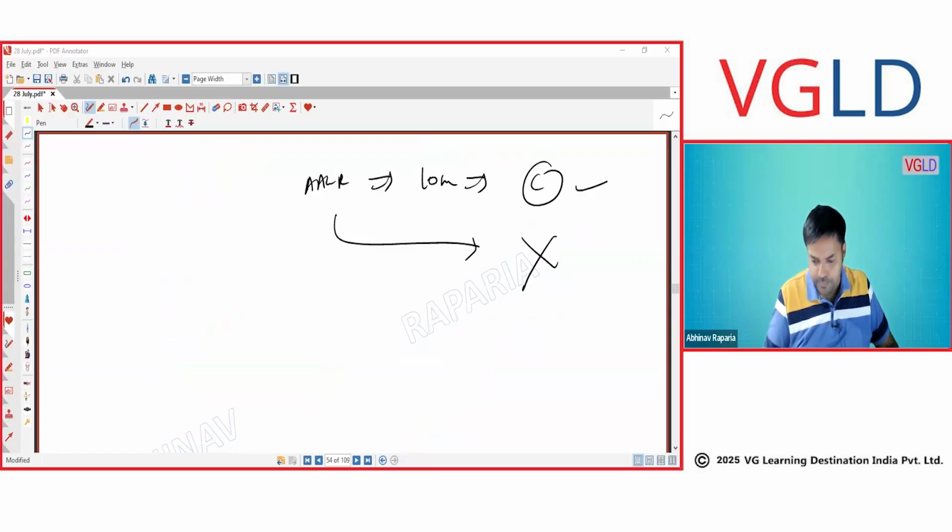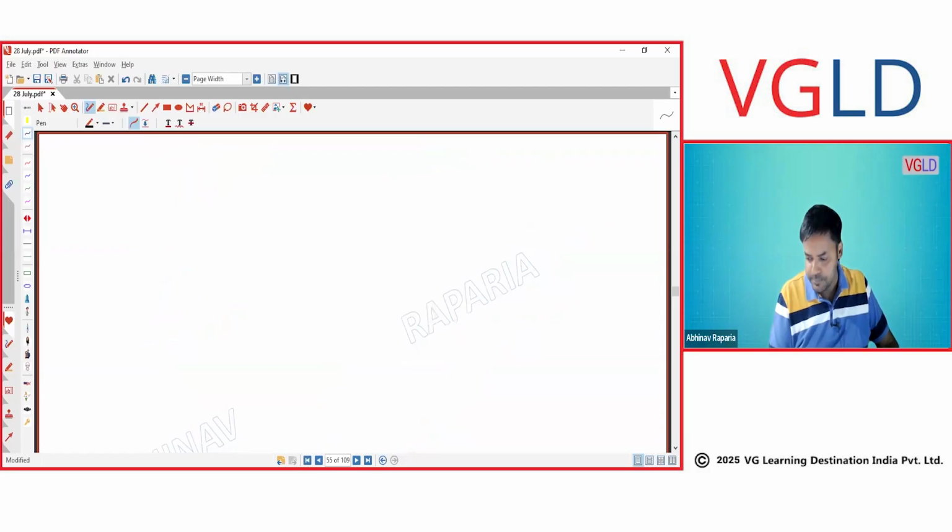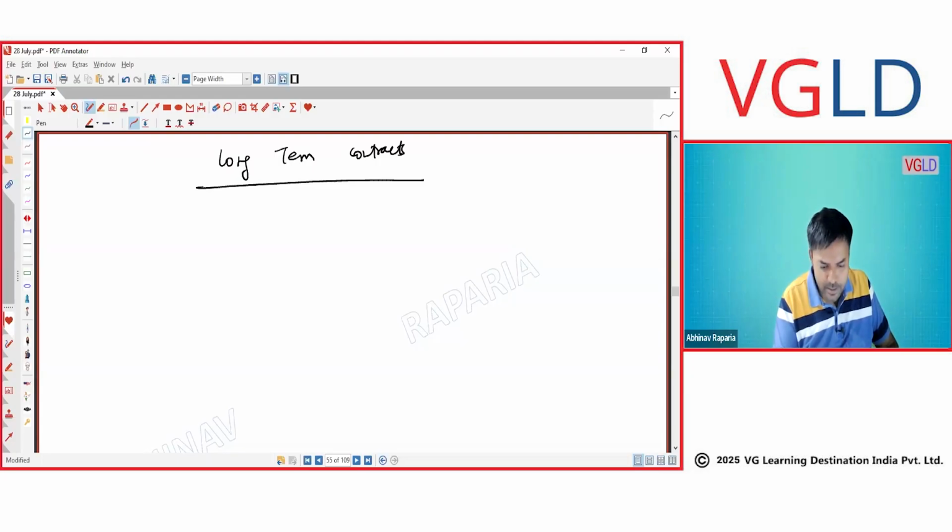Now, there are various long-term contracts. Long-term contract means you have started in one year, maybe in 2024, but it can't be finished in that year.